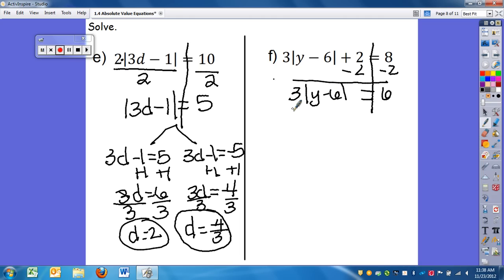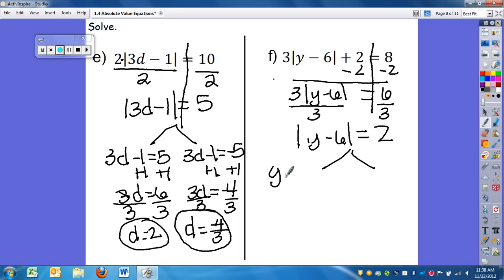And then again, 3 is multiplying to the absolute value part, so I'm going to divide by 3. So I have the absolute value of y minus 6 equals 2. And to get rid of the absolute value sign, we need to make it equal to the positive distance and negative distance.